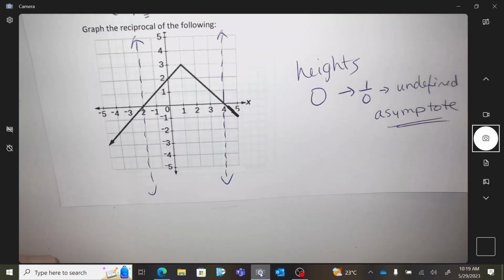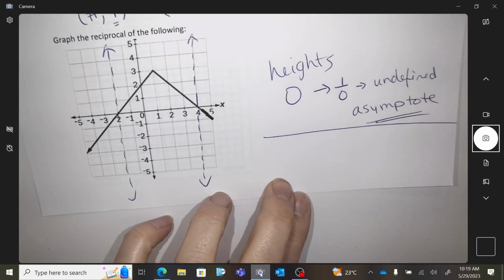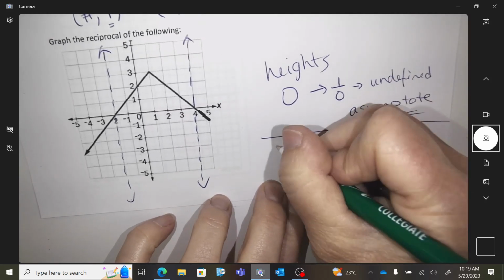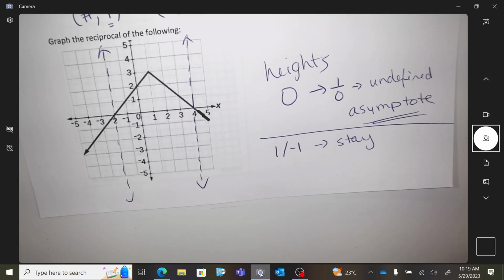Now the height is undefined. So that was always my step 1. My step 2 is that invariant part. So wherever there's a height of 1, wherever there's a height of -1, those points will not move.